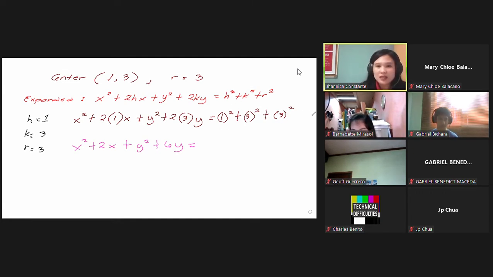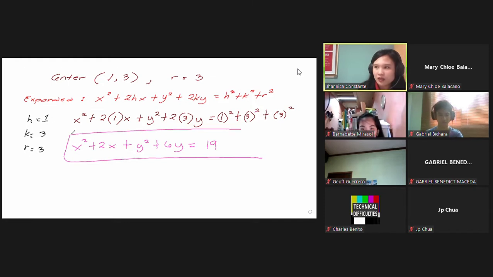So 9 plus 9 plus 1 is equal to 19. So that is the expanded form of our equation of a circle.